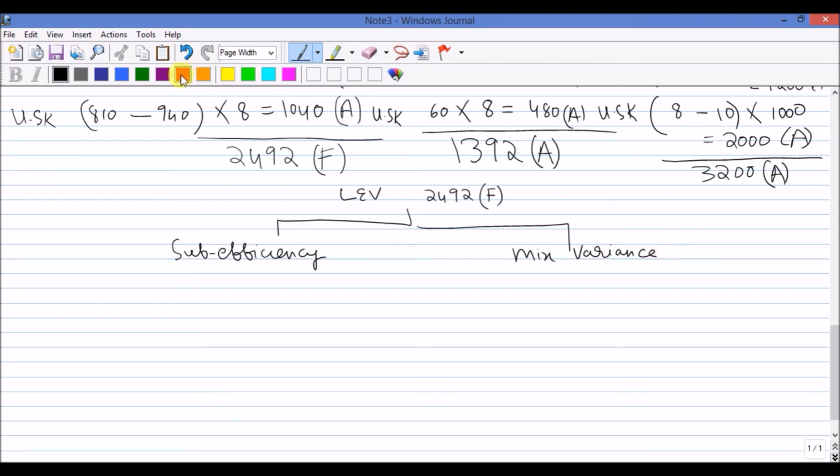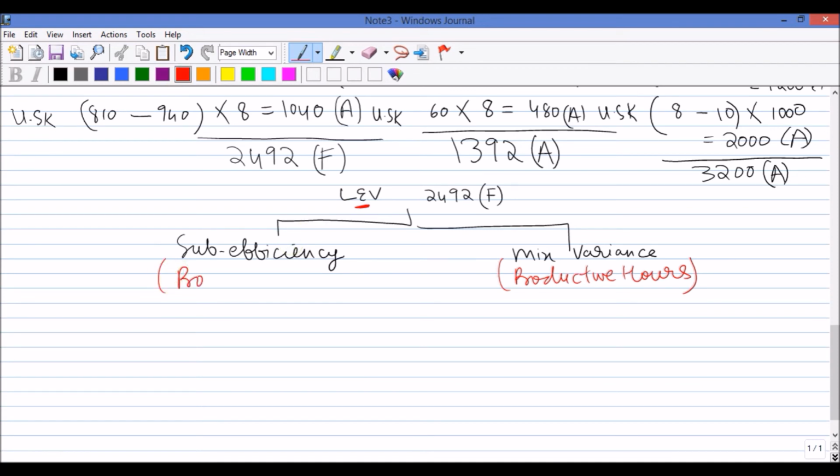Now remember, my friends, efficiency is always related to productive hours. Labor variance is sometimes done wrong. Sub efficiency variance, we are on the last part.